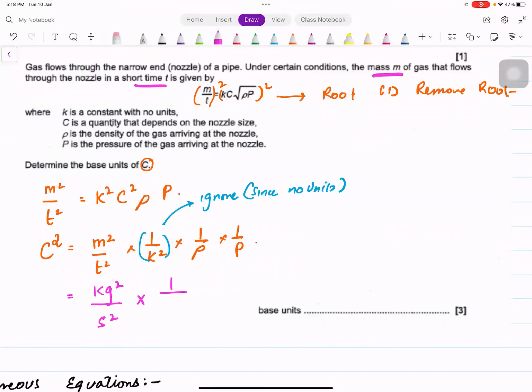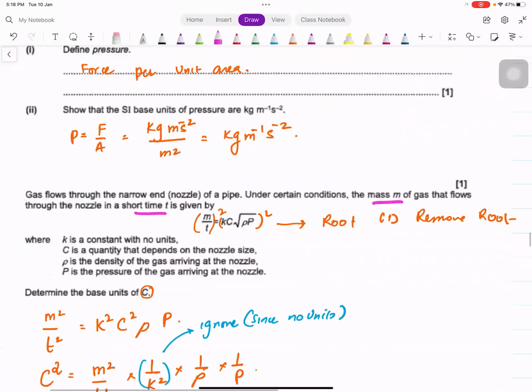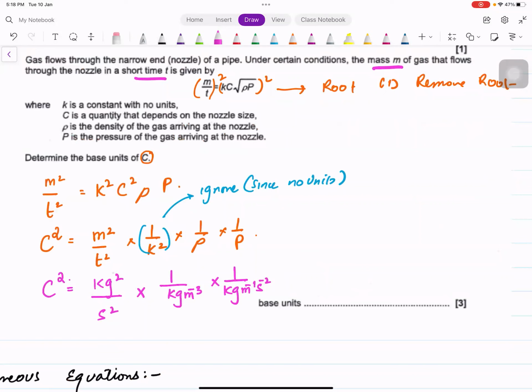So density is kg per meter cube times 1 upon kg meter^-1 second^-2. So that's what we have already done at the top, so we don't have to do anything again. Just write c squared. Finally, make everything positive, just dissolve everything, like kg squared over second squared times meter cube over kg times meter and second square divided by k.